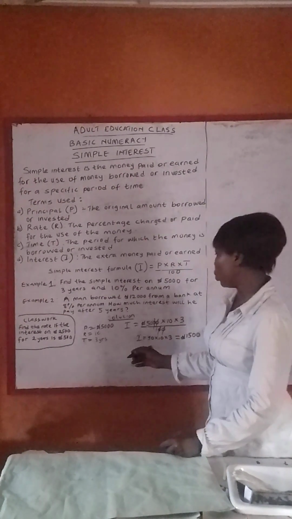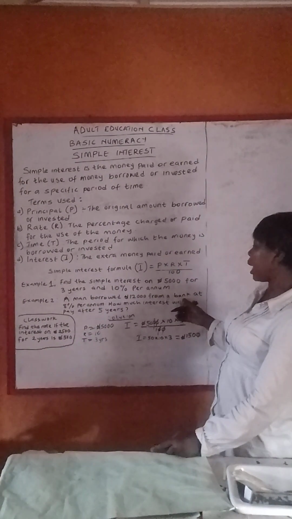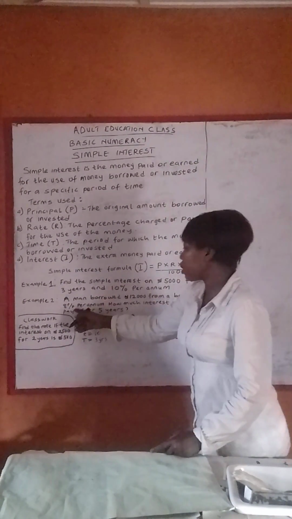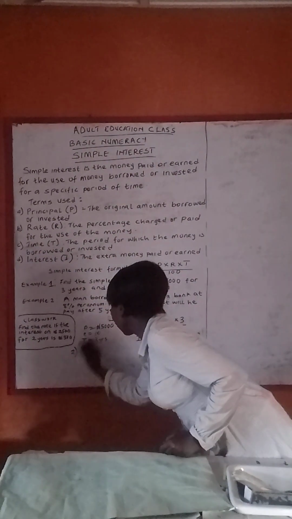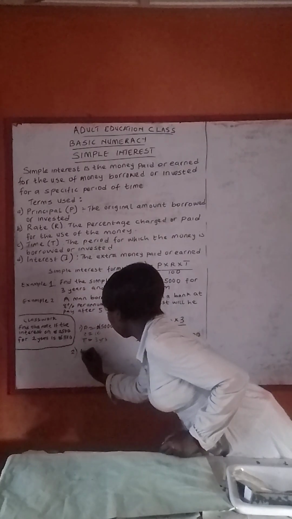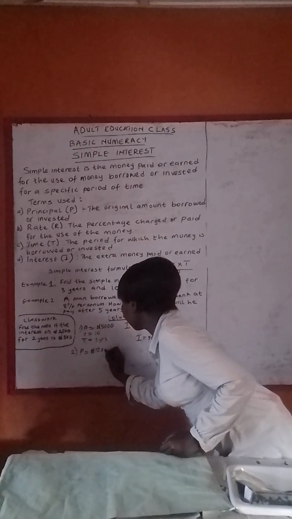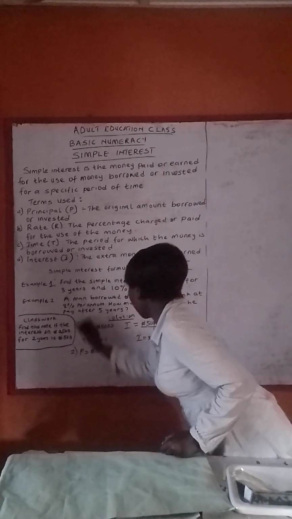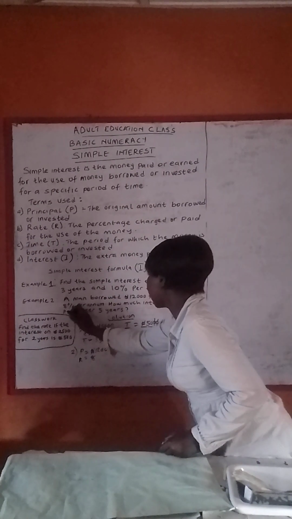Now to number 2. A man borrowed 12,000 naira from a bank at 8% per annum for 5 years. So P equals 12,000 naira. Then R equals 8%.